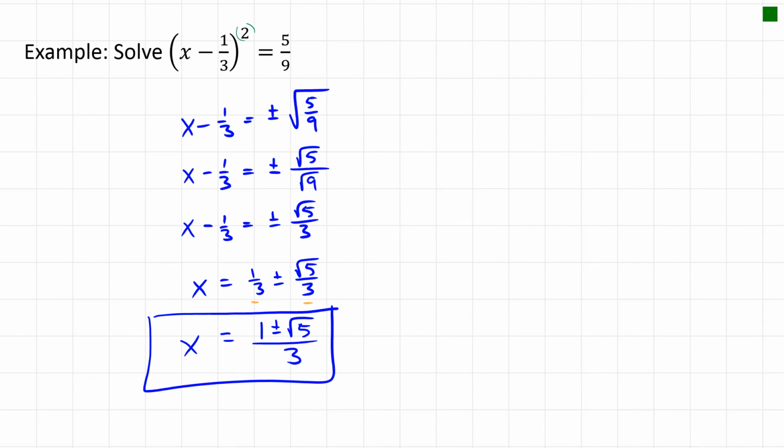Again, I want to show you why exactly that's the case. The plus or minus looks odd, but it really just means either plus or minus. So if I wrote this as 1/3 plus root 5 over 3, or 1/3 minus root 5 over 3, and we looked at these as individuals, these two fractions have a common denominator, so I'm going to add the numerators, 1 plus root 5 over 3.